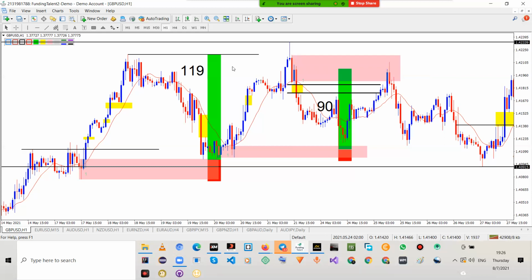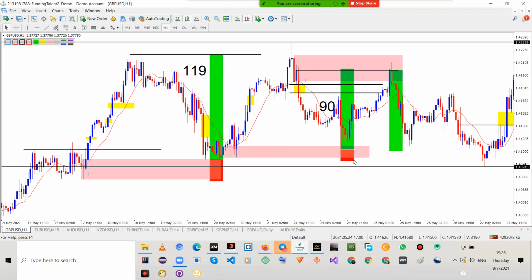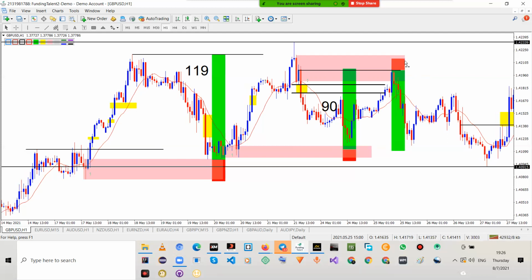From the midpoint of this candlestick, that's where our sell order goes, the midpoint of the order block, I mean. And our stop loss will be right above our order block right here.